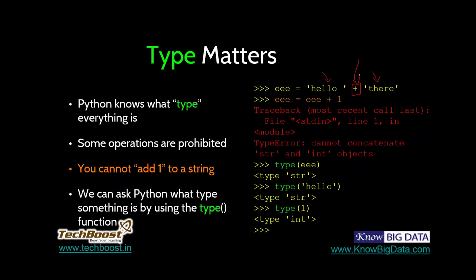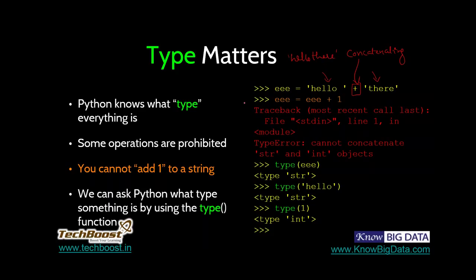Add in the sense, just now we saw, what is this add? It is concatenating. The addition of strings is called concatenating the strings, and when we try to concatenate strings it is in fact valid, and we get the result as the concatenated string, which is hello there.